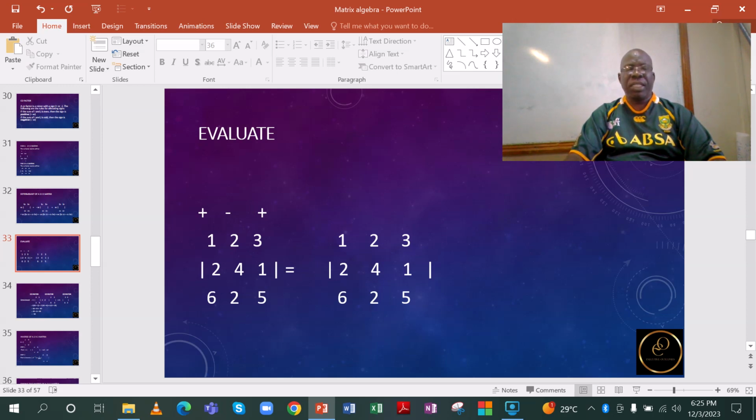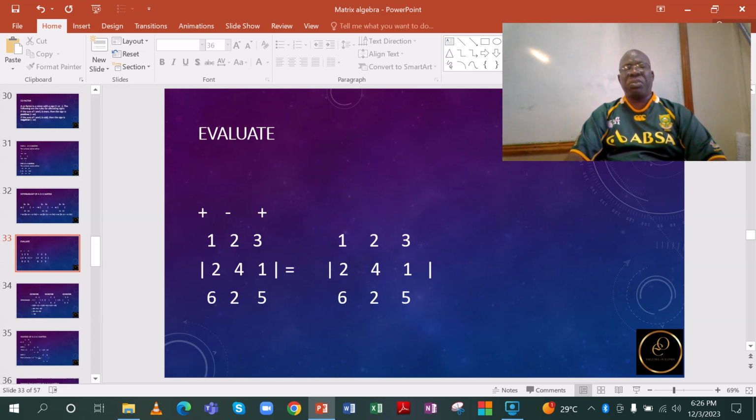This 1 is found in the first row, first column, so it takes a positive sign. This 2 is found in the first row, second column, so 1 plus 2 is 3, odd, so it gets a negative sign. This 3 is found in the first row, third column, so 1 plus 3 gives 4, which is positive, so it gets a positive sign.